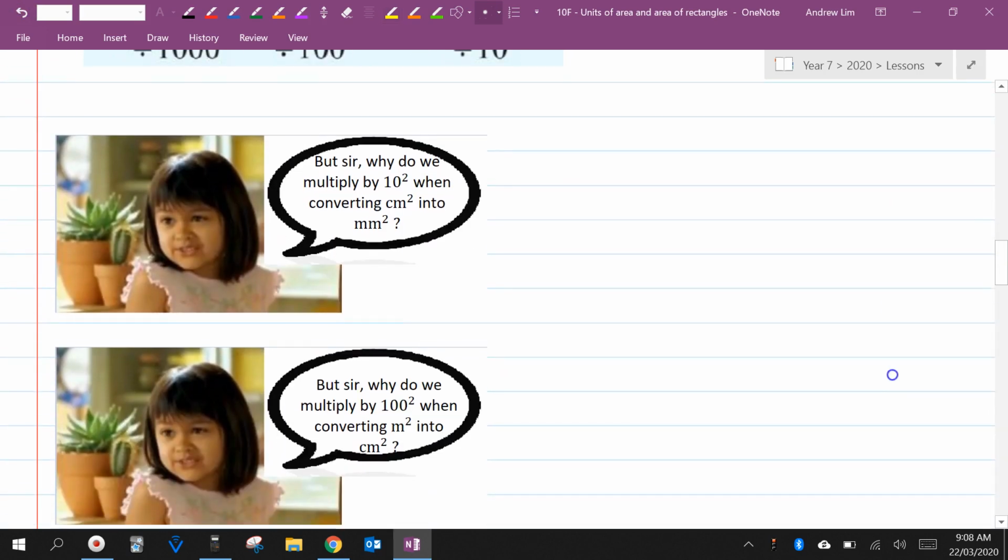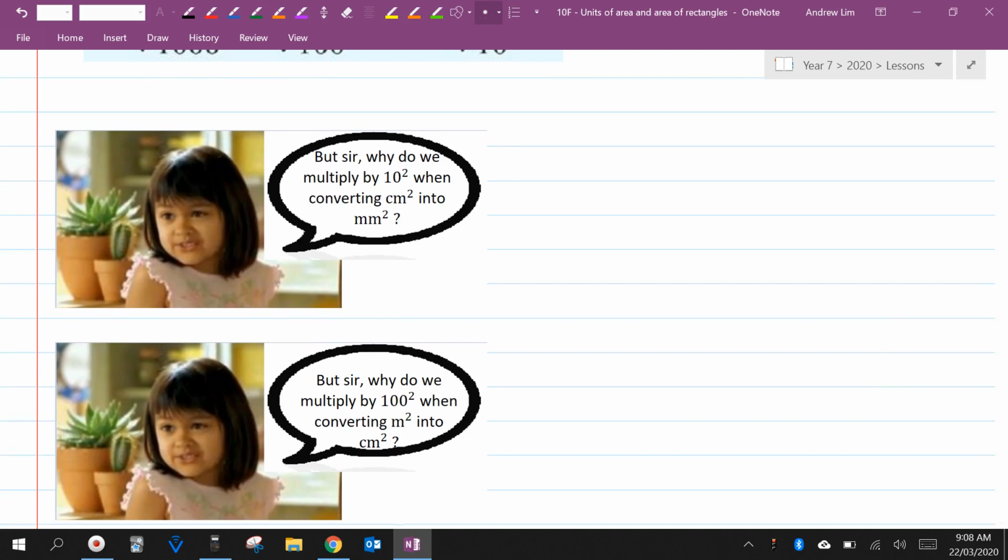So you might say, but sir, why do we multiply by 10 squared when converting square centimeters into square millimeters? Well, let me show you. If I were to have a square that is 1 centimeter by 1 centimeter, the area is 1 square centimeter, 1 times 1. But 1 centimeter is the same as 10 millimeters, isn't it?